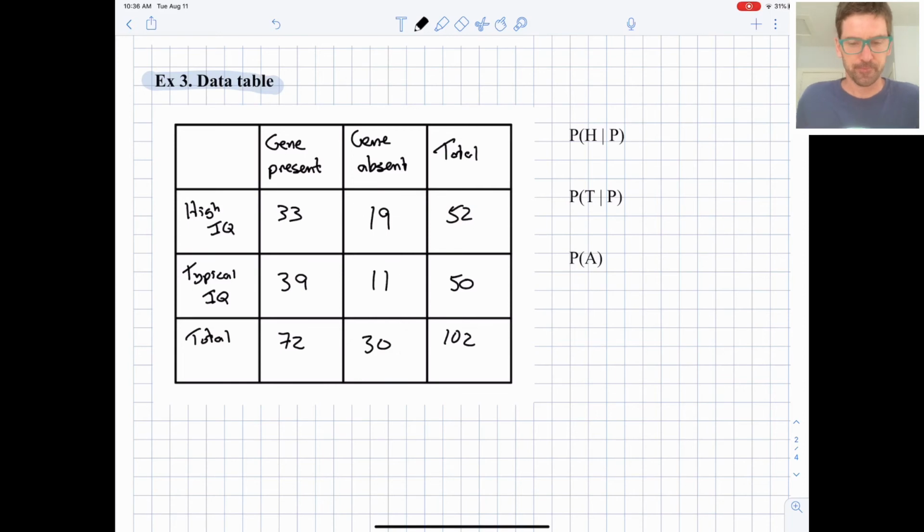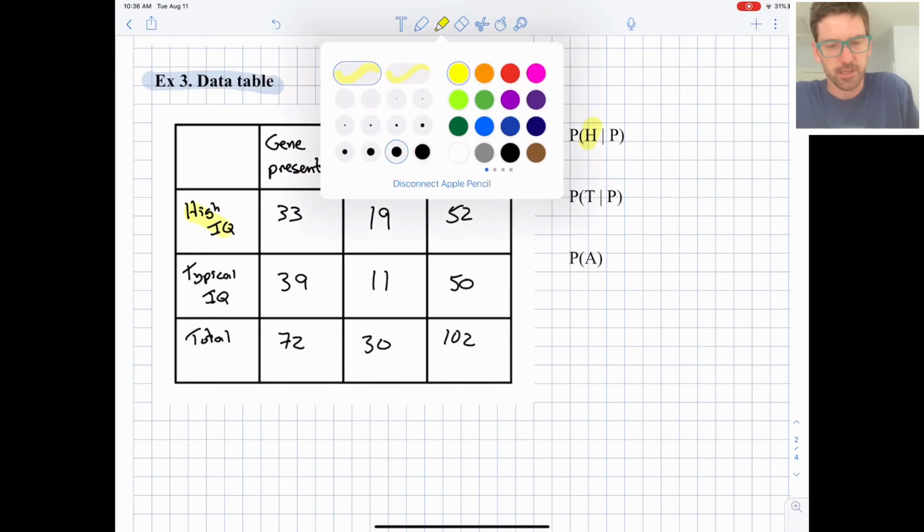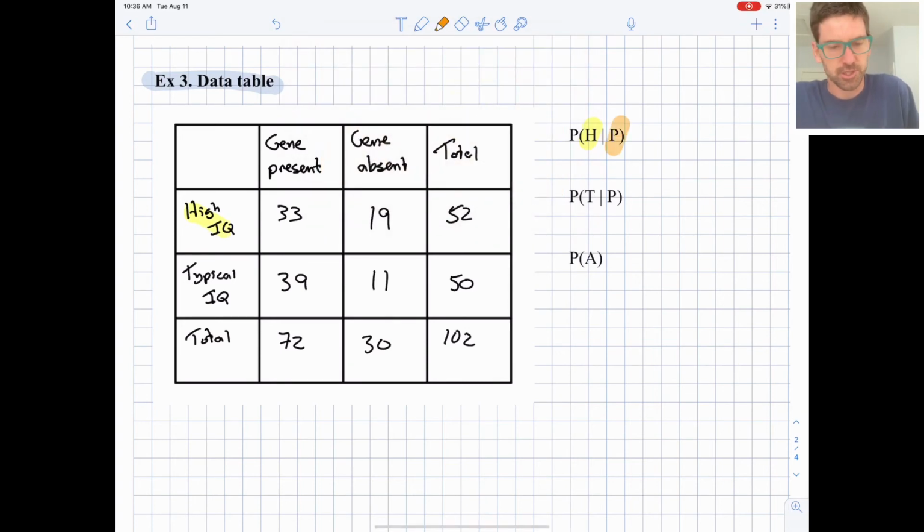Okay. Looks like we have some IQ numbers and whether or not they have a particular gene present. So we have to try to figure out what this shorthand means. H given P, I'm going to assume that H represents high IQ and P represents gene present.